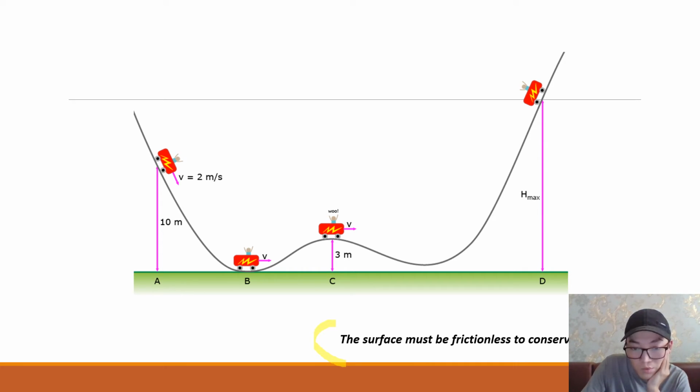If your surface is not frictionless, if there is some friction, when our cart is falling down, because of friction, our energy will transform from kinetic to heat energy, and it will just lose some energy. That's why our energy will not be conserved.